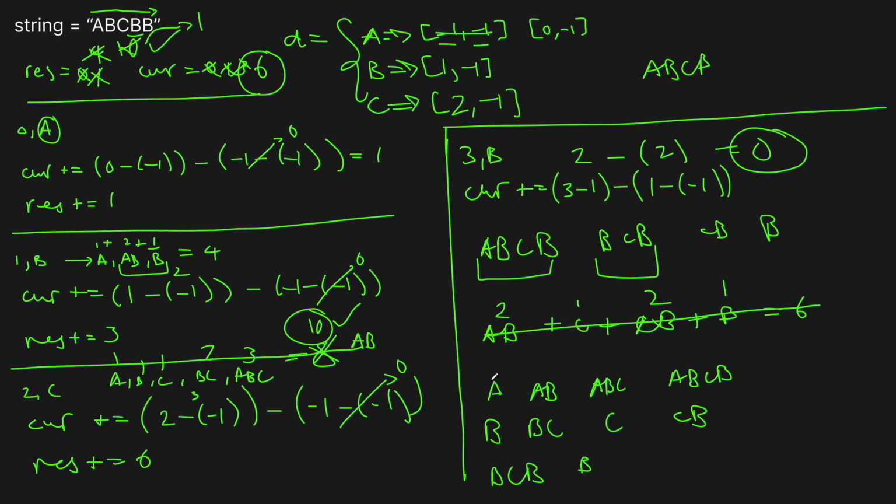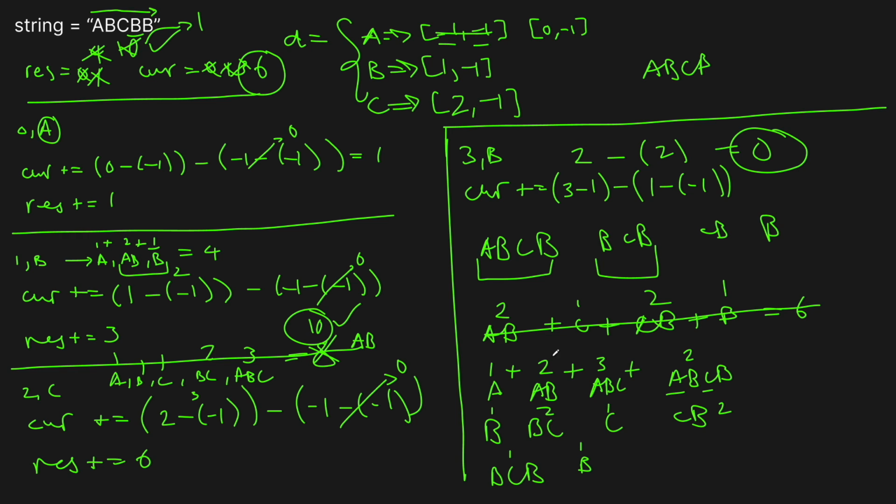Okay, so let's add all of these. So obviously A has 1 unique character, AB has 2 unique characters, ABC has 3, ABCB has A and C. We cannot count the B's, so this is 2. B has 1, this has 2, this has 1, this has 2, this has 1 unique character, the C, and 1 here.